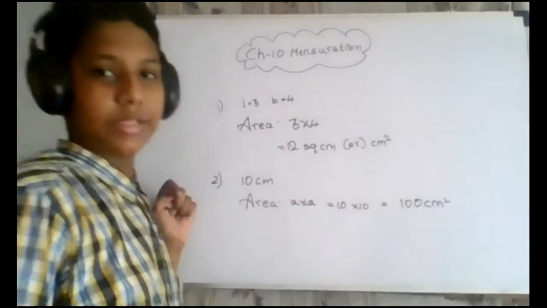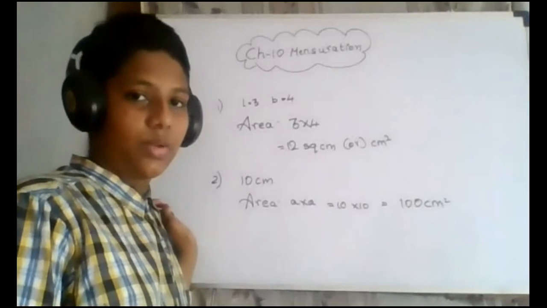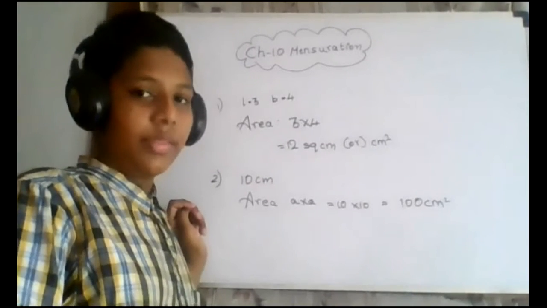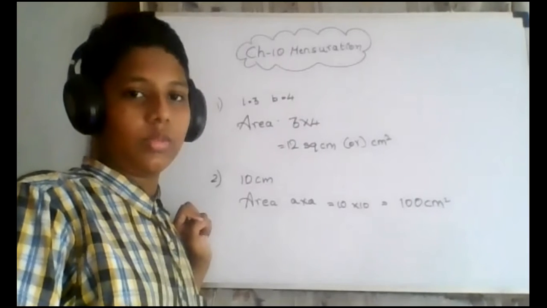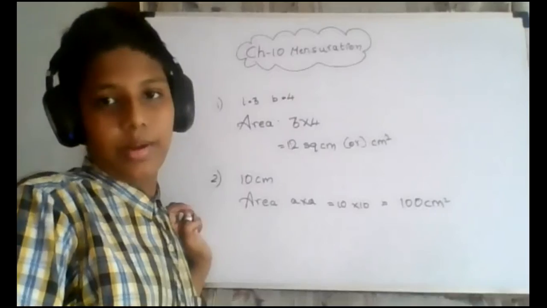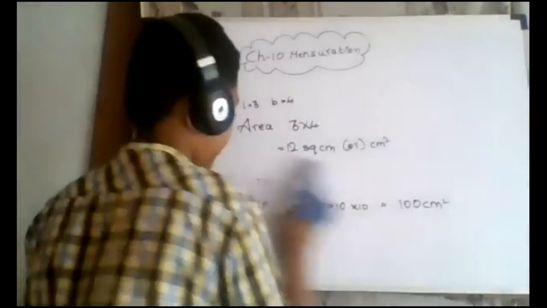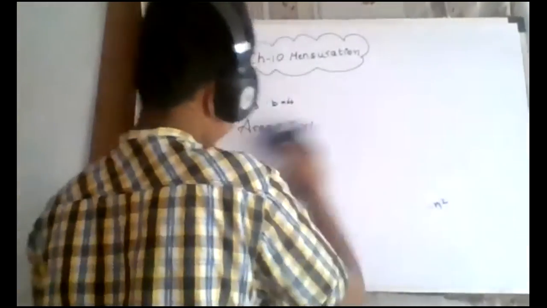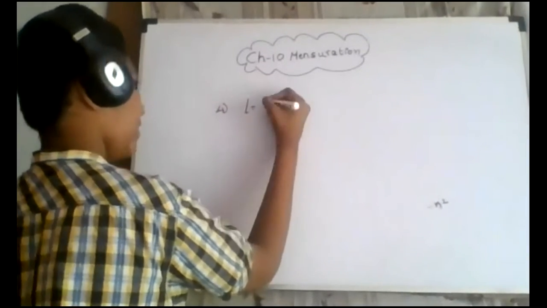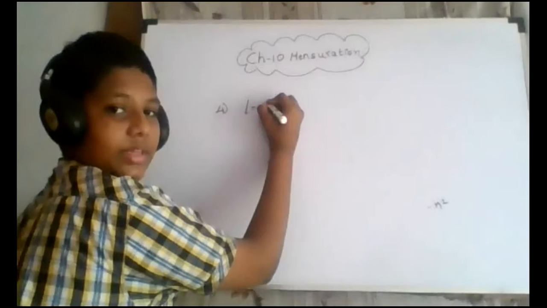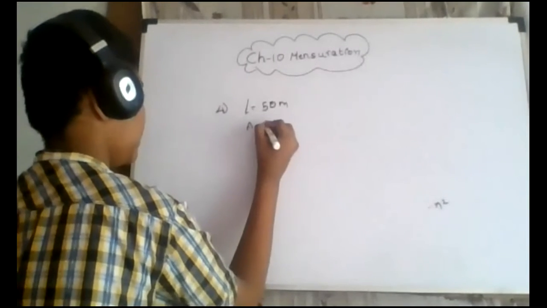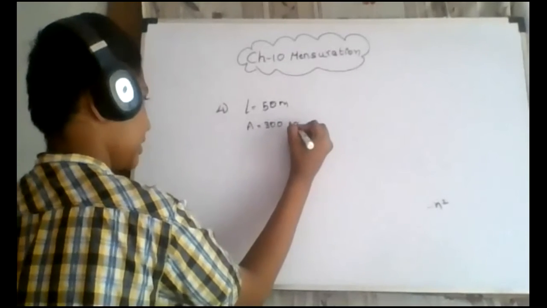Then next they have given length and breadth. That is an easy question. The area of a rectangular garden which is 50 meters long is 300 square meters. Find the width. Length is 50 meters and area is 300 square meters.